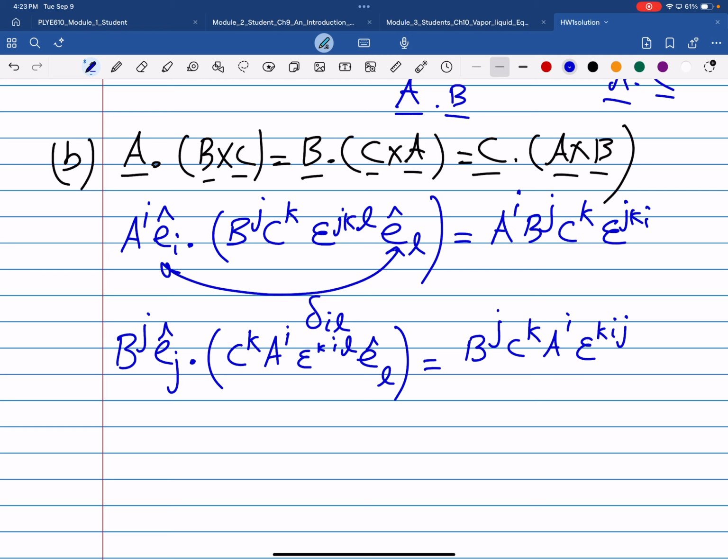These two things are equivalent, and the indices that we assign are very arbitrary. You can change the index and do the name change for each of them. So they are the same thing.